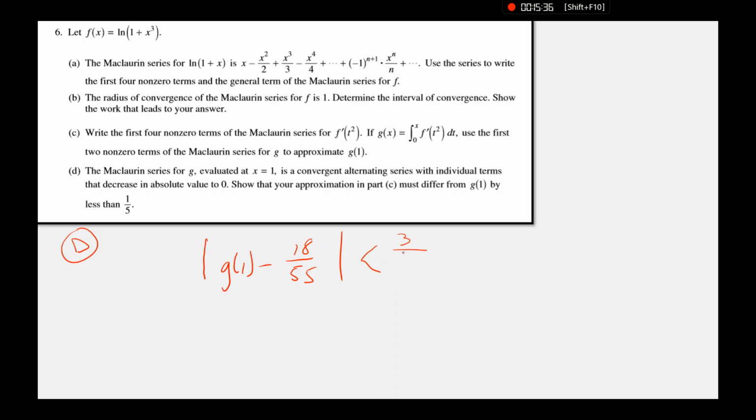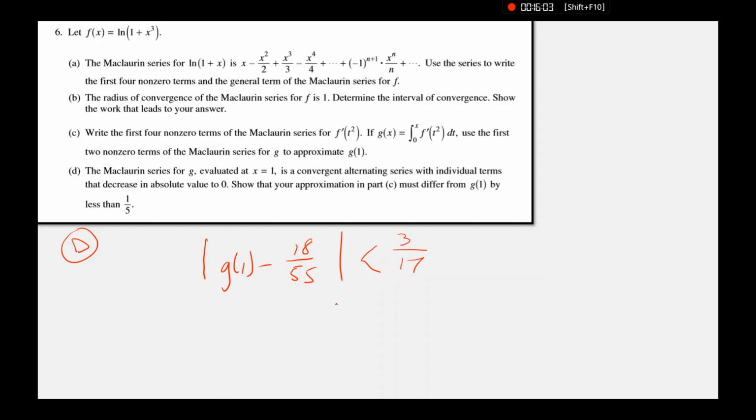Okay, what's our x value? So if you plug in 1, then it's going to be 3 over 17. So our error, the absolute value of g of 1 minus 18 over 55, must be less than 3 over 17.